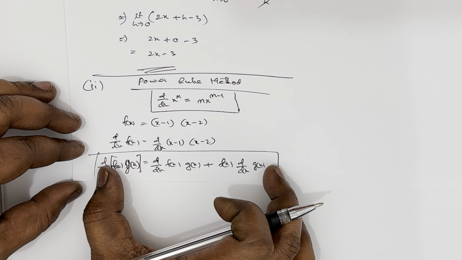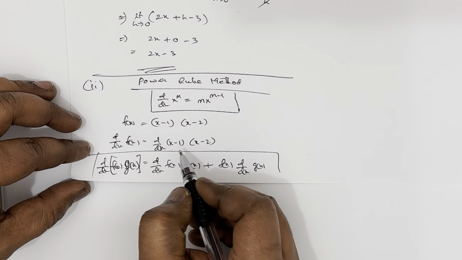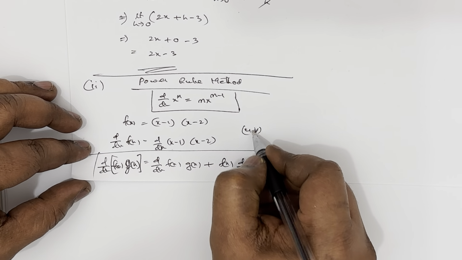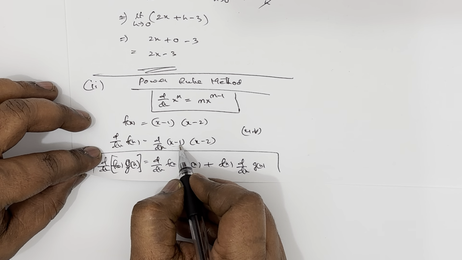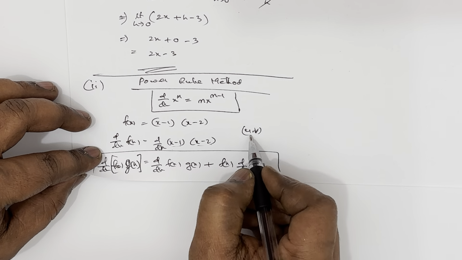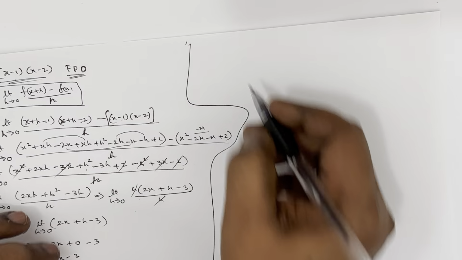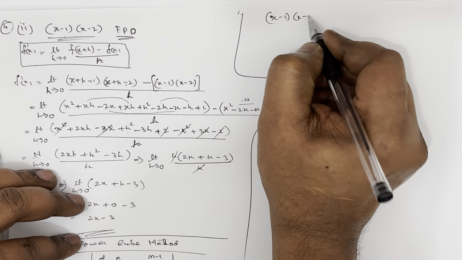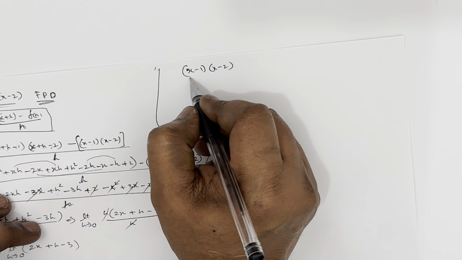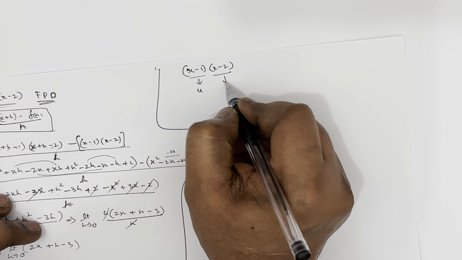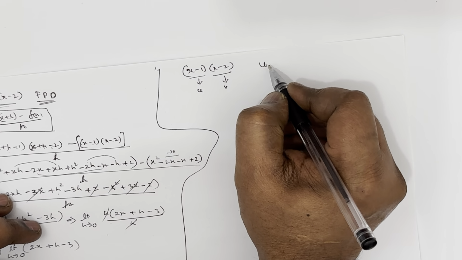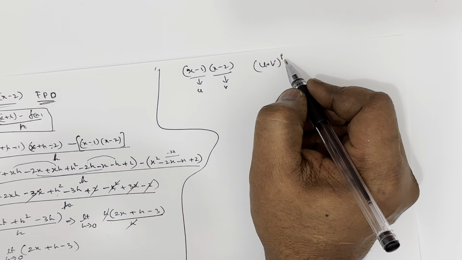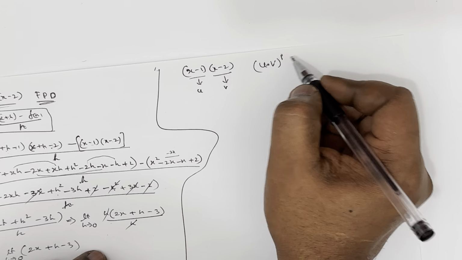Now this is so big in size, so we'll use the UV format, assuming the first function to be u and the second function to be v. Just to make this shorter, if it's x minus 1 and x minus 2, the first can be assumed as u and the second as v. So (uv) dash, this dash is another notation of the derivative d/dx.